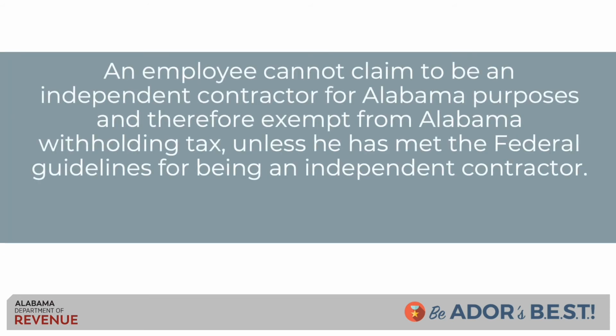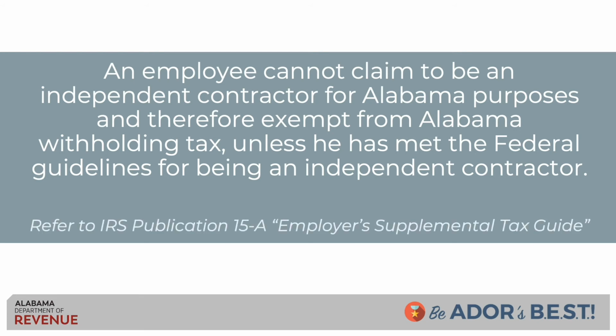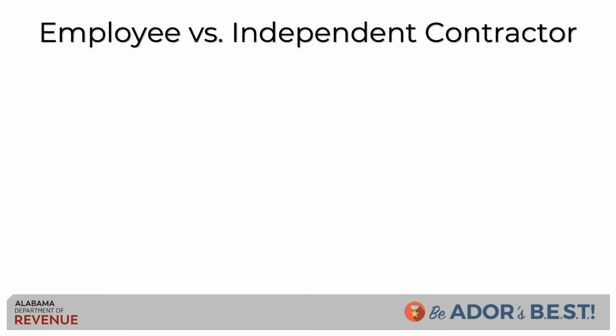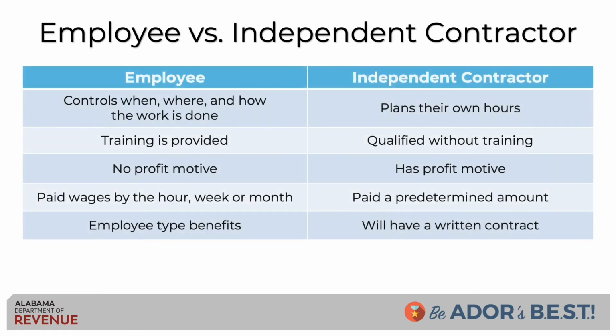An employee cannot claim to be an independent contractor for Alabama purposes and therefore exempt from Alabama withholding tax unless he has met the federal guidelines for being an independent contractor. Refer to IRS Publication 15-A, Employer's Supplemental Tax Guide. Please refer to the Employee versus Independent Contractor chart below.